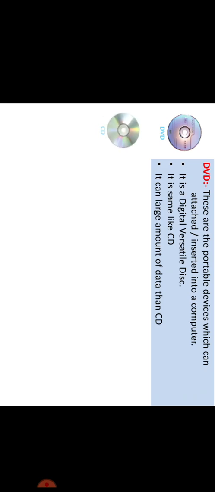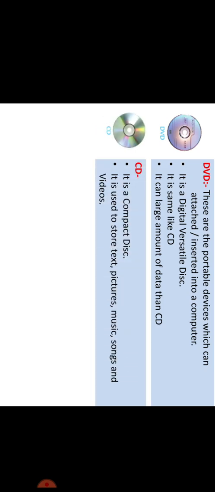Now next is CD. So this is the picture of a CD. What is CD? It is a compact disc. It is used to store text. Text means what? Text means alphabets, our name, our address, mobile number. This is called text.